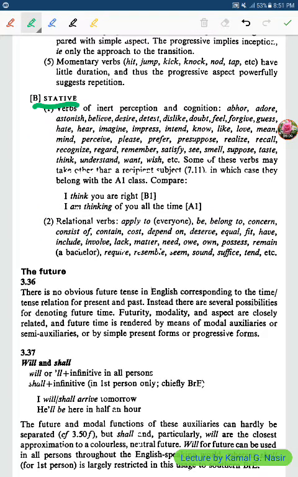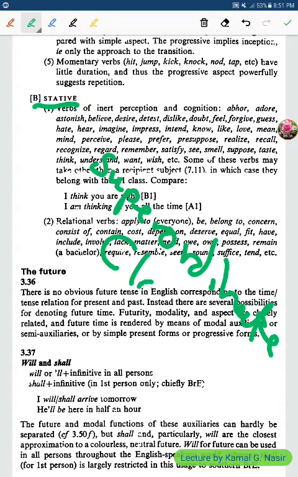Unless it is used in certain cases; not always. You cannot use them all the time, but in certain cases you may use them with ing. Let me explain this. We have the superordinate clause and the subordinate clause.